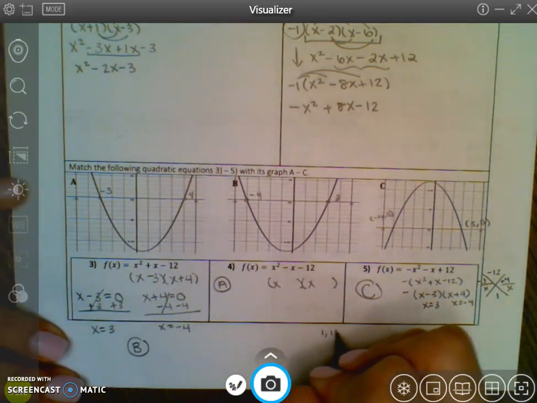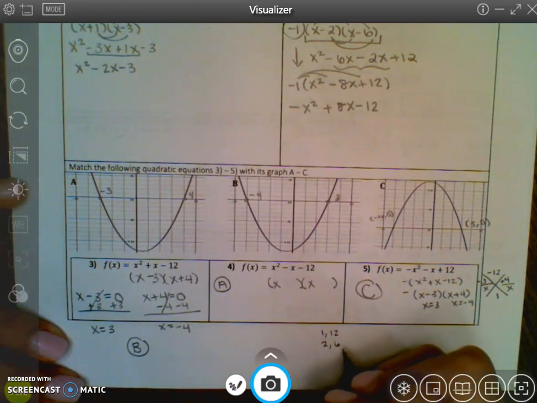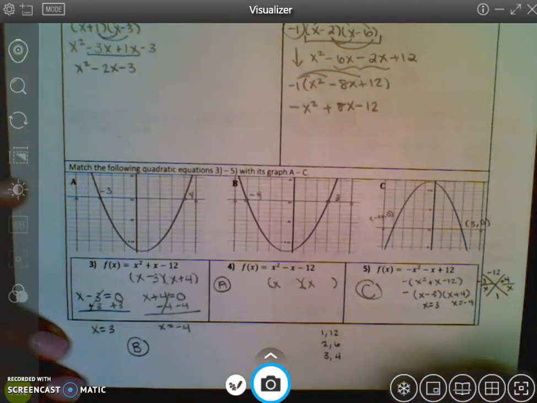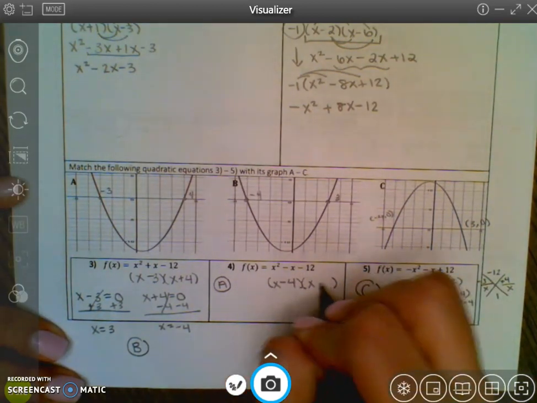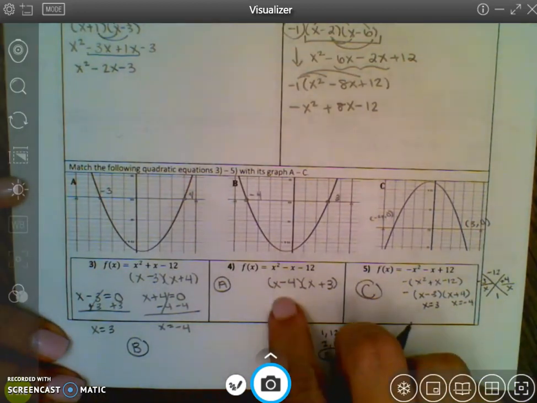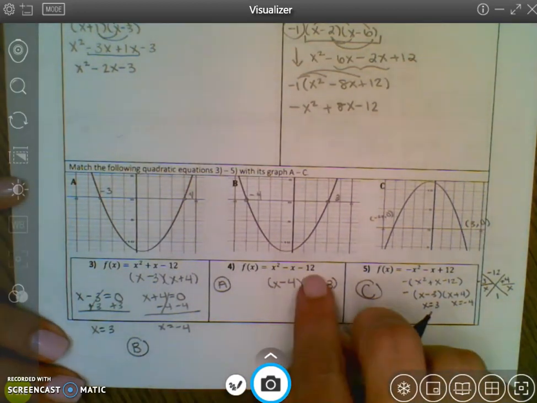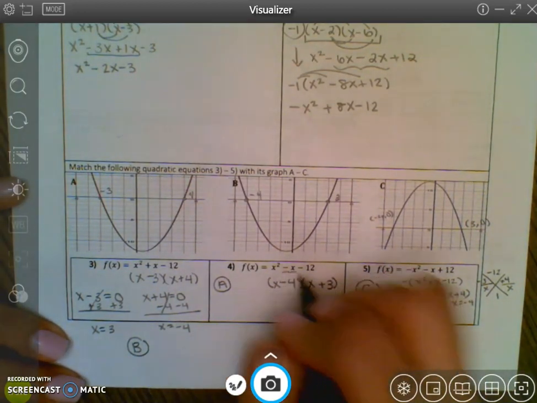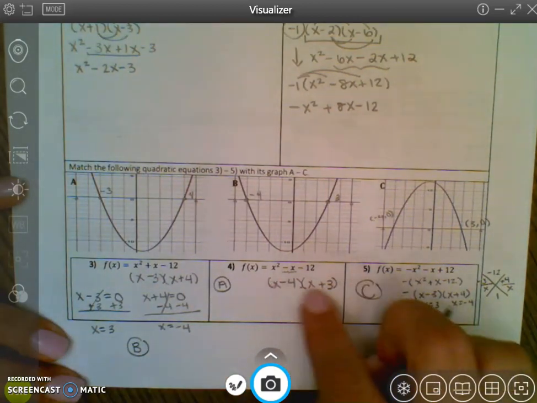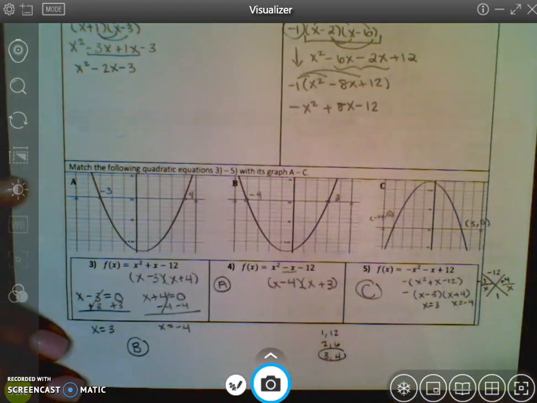You have 1 and 12, 2 and 6, 3 and 4. It's going to be a negative 4 and a positive 3. Negative 4 times 3 makes negative 12, but I have to add to a negative 1. Negative 4 plus 3 is negative 1.